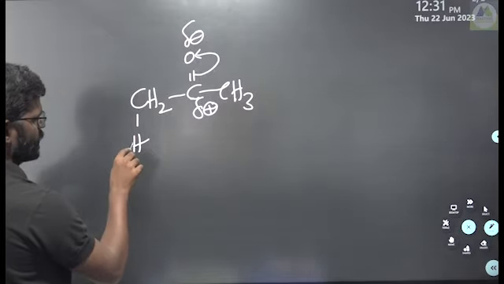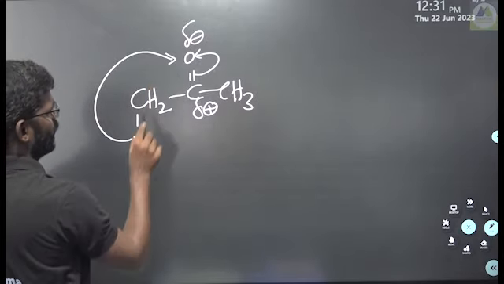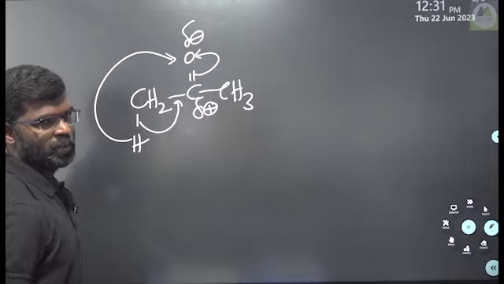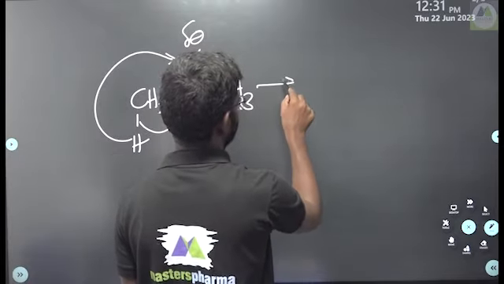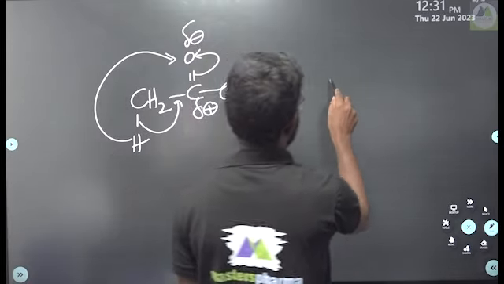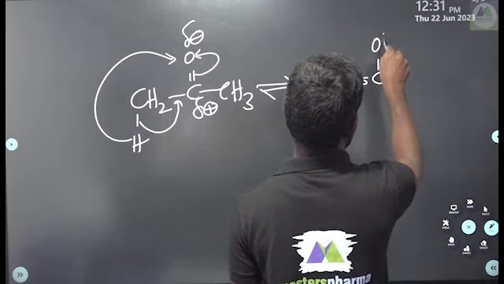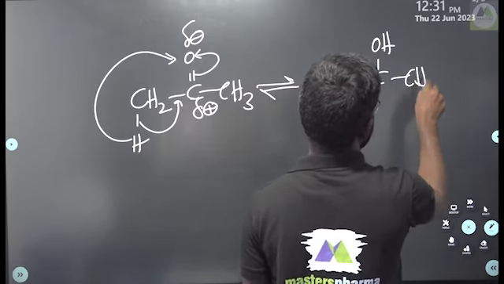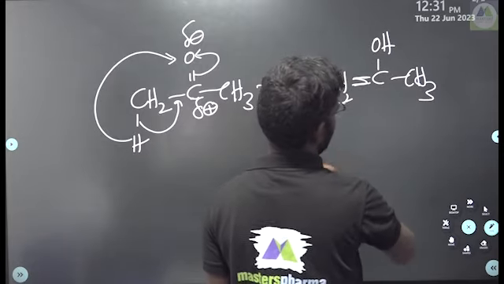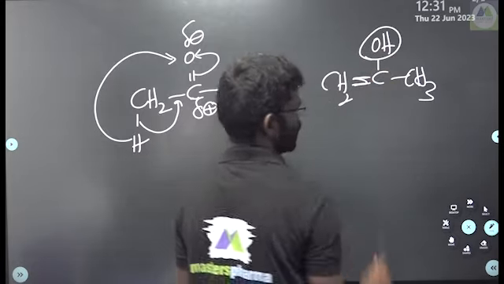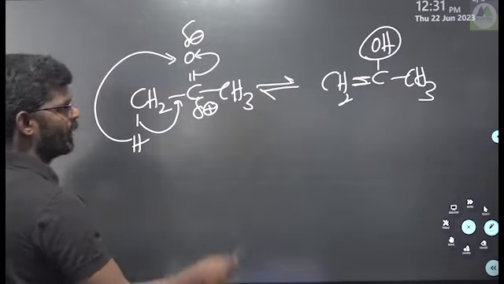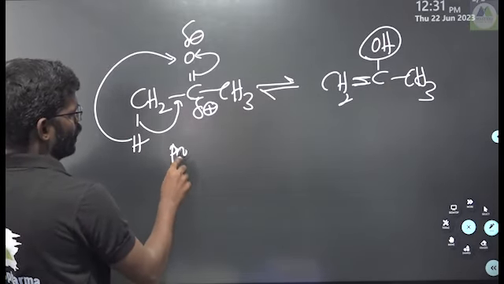The hydrogen is attracted over here and the bond moves over here. What will happen? CH2 double bond C, here OH, here CH3. This is the double bond, en, and here the hydroxyl group, enol. This is called propanone.